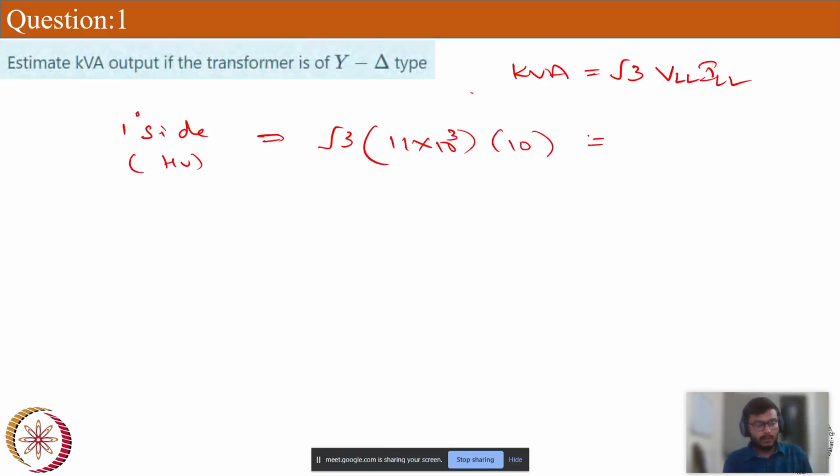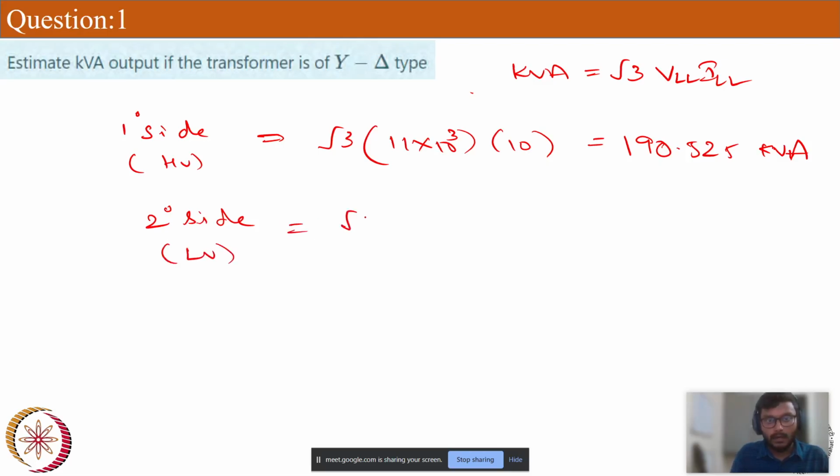How much is this? Okay, I have got 190.525 kVA.